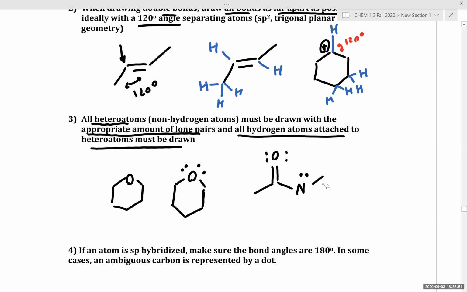So in your condensed structure, you would note the attached hydrogen atom by either putting the hydrogen below the heteroatom or adjacent to the heteroatom. Other examples where this can come up would be like so.